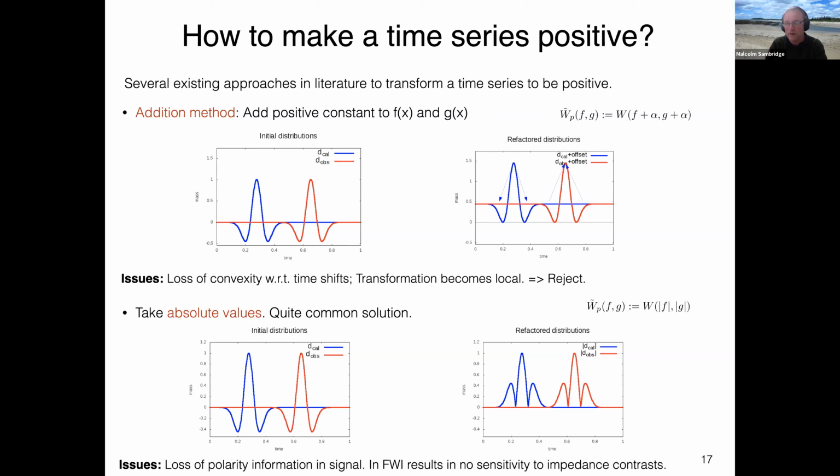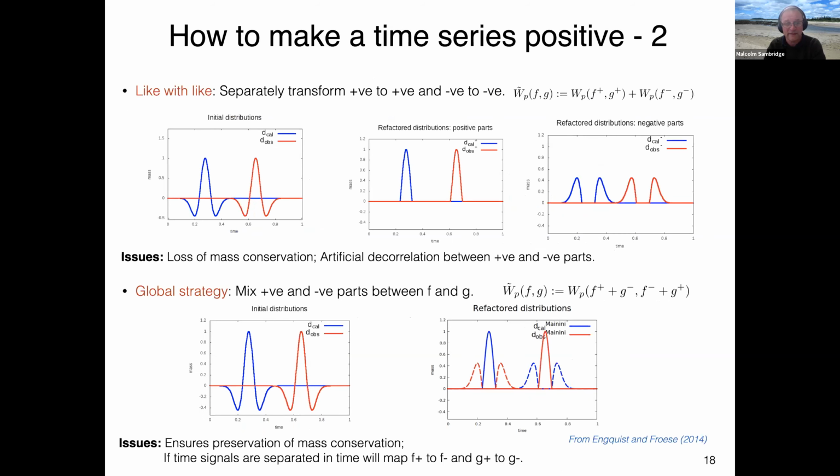People have tested multiple ideas. Two are represented here. The top one simply adds a constant, which turns out to have lots of horrible properties to it. The second one is to take the absolute values, which is very common. So my blue signal here, I've got a Ricker wavelet, becomes positive on the right, and we map the positive signal to the positive observed and predicted. But there are many other ways of doing it.